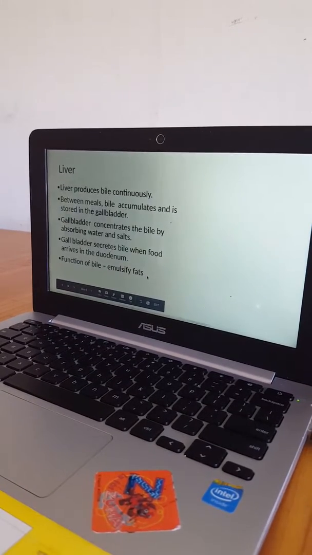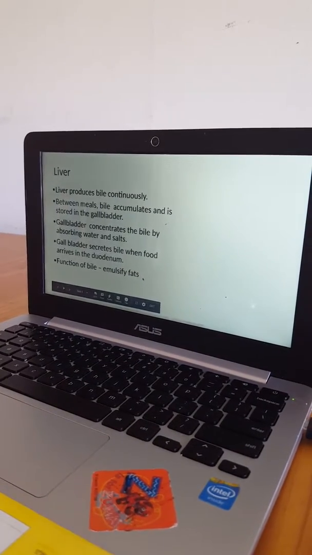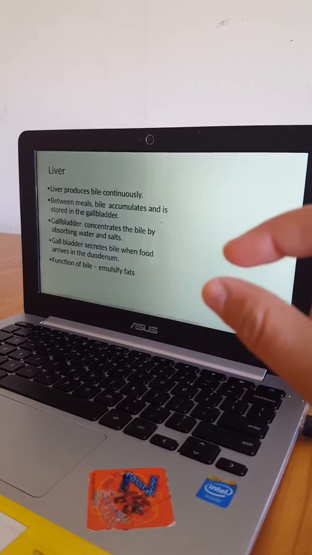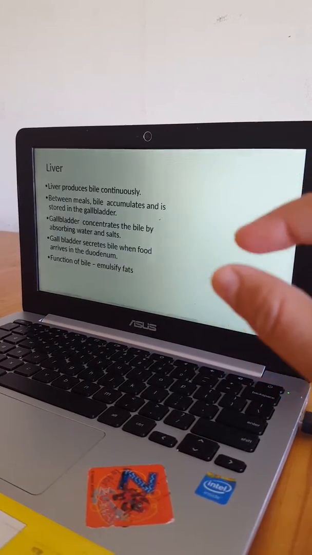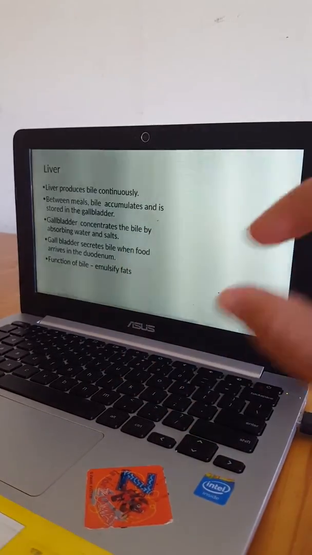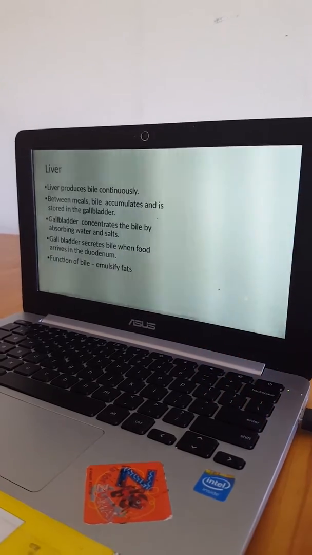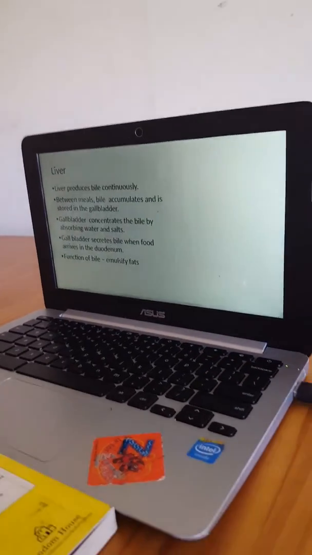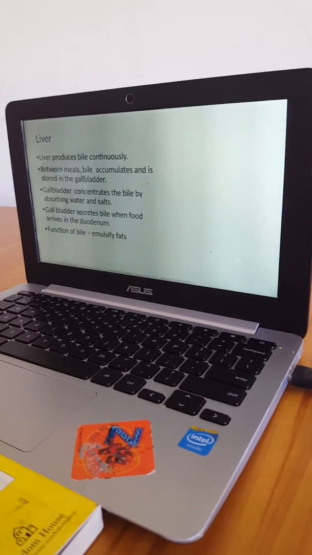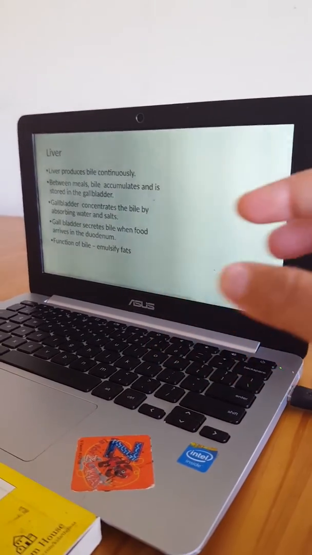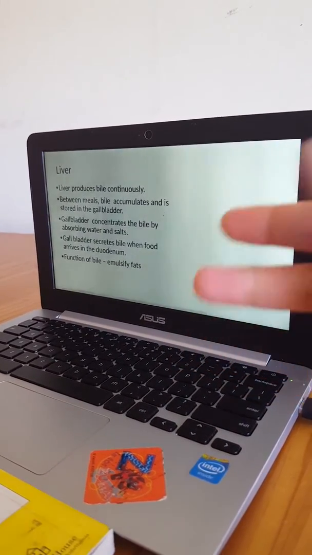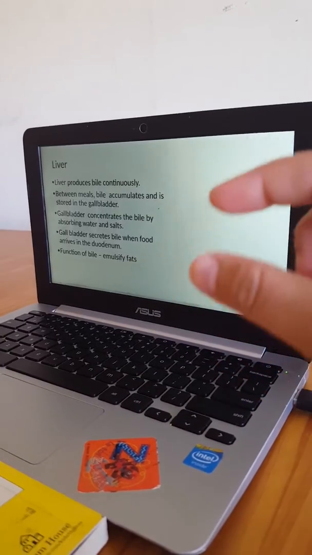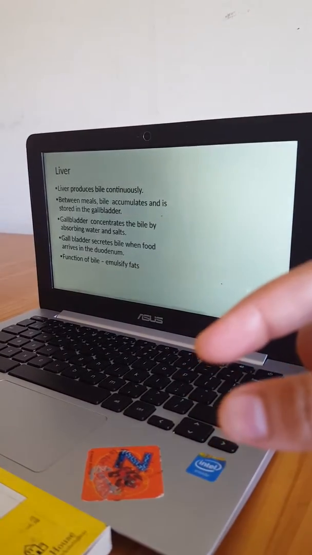So what is emulsification of fats? Now you see small fat particles like this. Emulsifying means making them in such a way that the water particles are making connections between two fat particles. This is one fat, this is one fat.